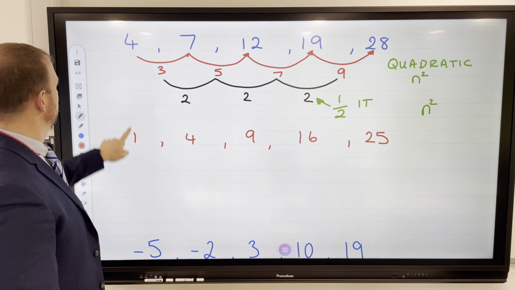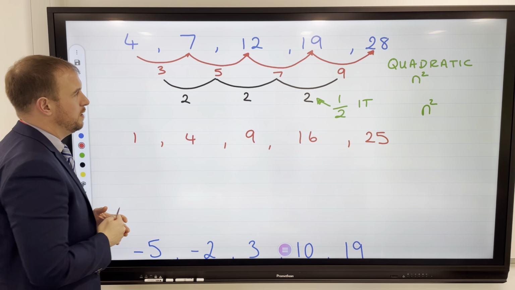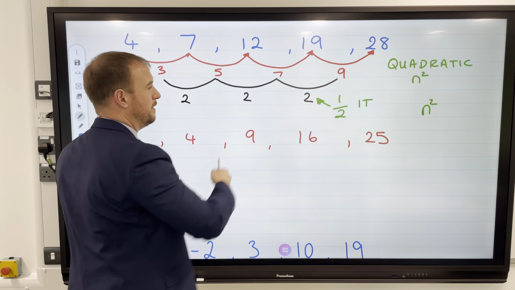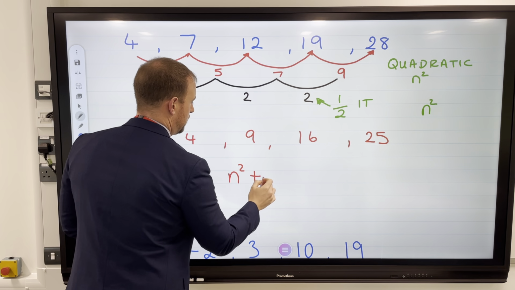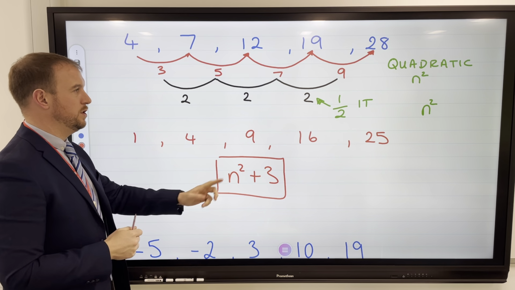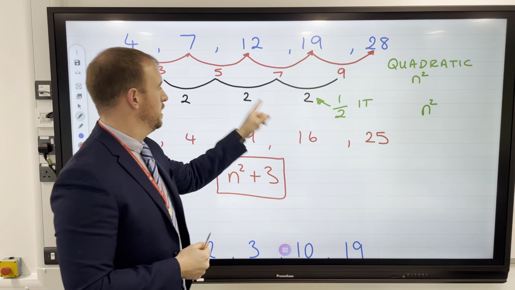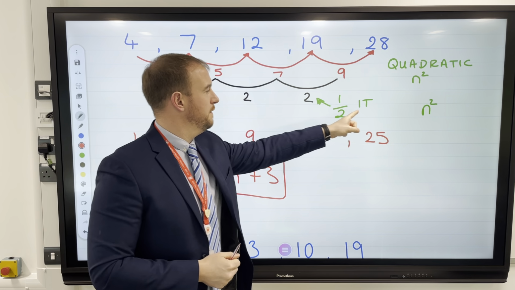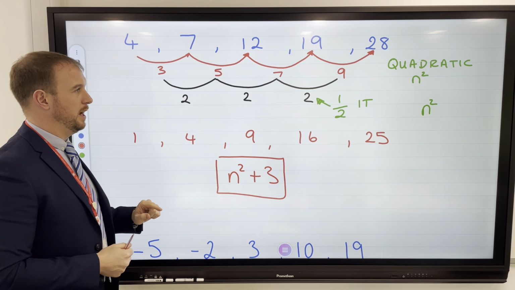And you'll notice to get from 1 to 4, we add 3. To get from 4 to 7, we add 3. From 9 to 12, we add 3 each time. So the nth term of this sequence is n squared add 3. Okay, look at the difference, second difference, half it, that's for our coefficient. And then find the relationship again.